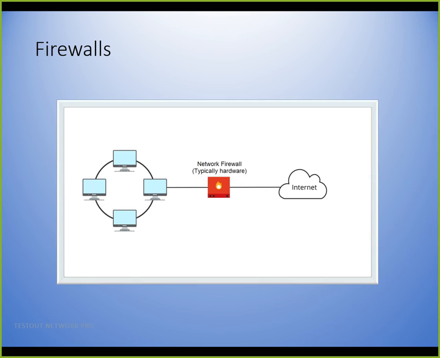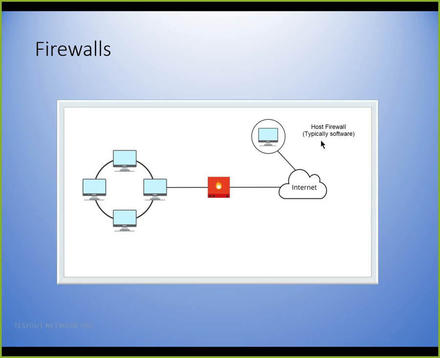We can use it to filter what traffic can come into the network and what traffic can go out of the network. And filtering going out is sometimes as important as filtering coming in, because we talked about zombie nets. If our network, heaven forbid, got infected and had zombies, filtering going out might prevent our machines from participating in the bot army.